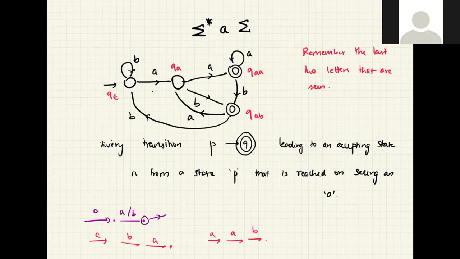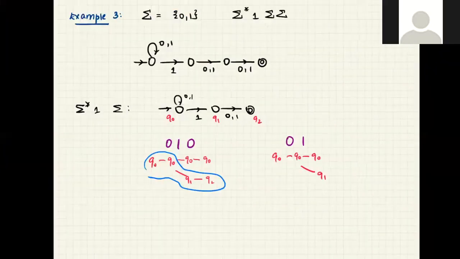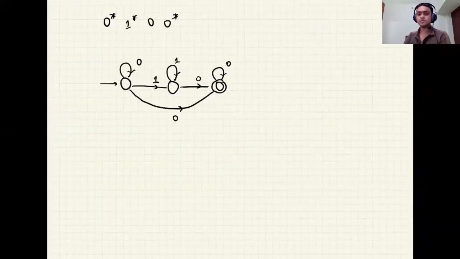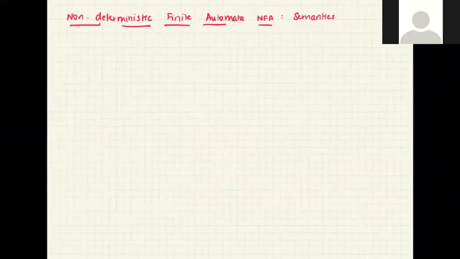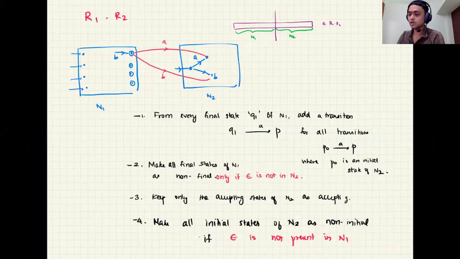If N2 has two initial states and one is final and the other is not, then what should I do with the final state of N1? You should keep it final because epsilon is there in the language. See, if N2 has one initial state which is accepting, it means that epsilon is there in the language.